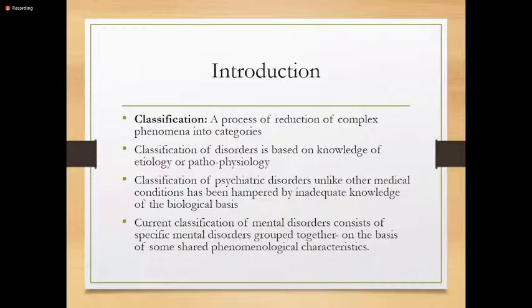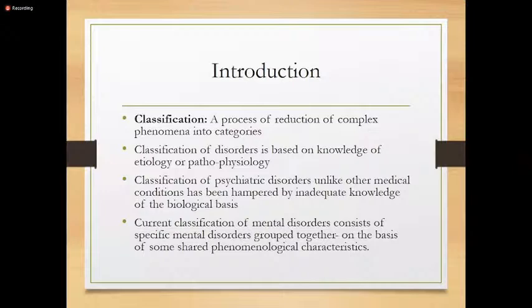But in psychiatry, we have that problem that we as yet don't have adequate knowledge of the biological basis. We know that neurotransmitters are involved. We even know some of the pathways where these neurotransmitters are involved, either too much production or deficient production.